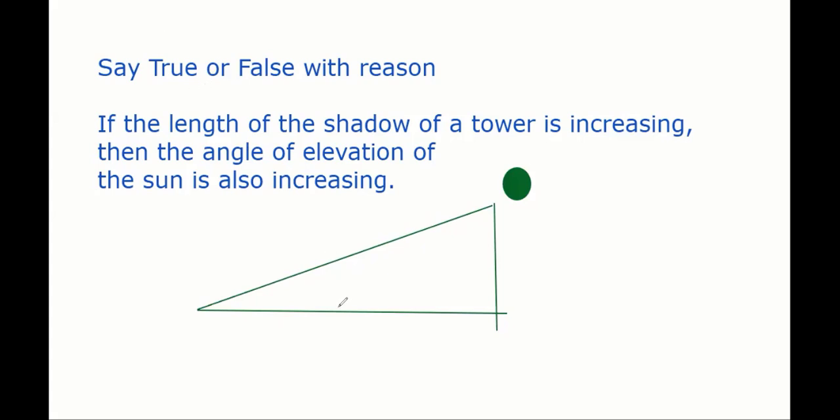And now my shadow is here. Obviously, this is 30 degrees, this is 60 degrees. Where the angle is 30 degrees, the shadow is this much. When the angle increases, the shadow is only this much. So it is reversed. So false. Correct, everyone? Yes. So it is false. It is reversed.